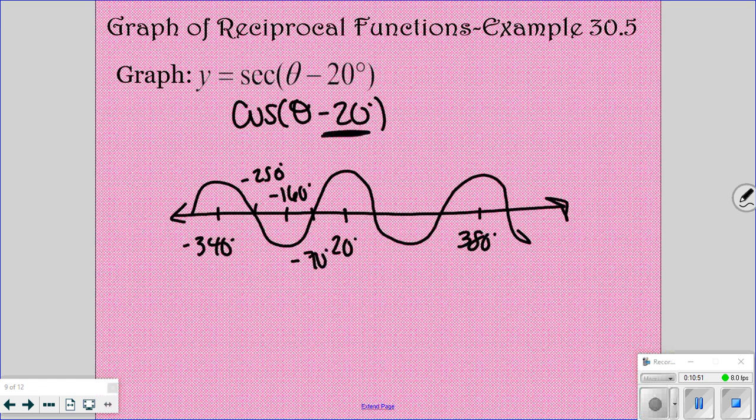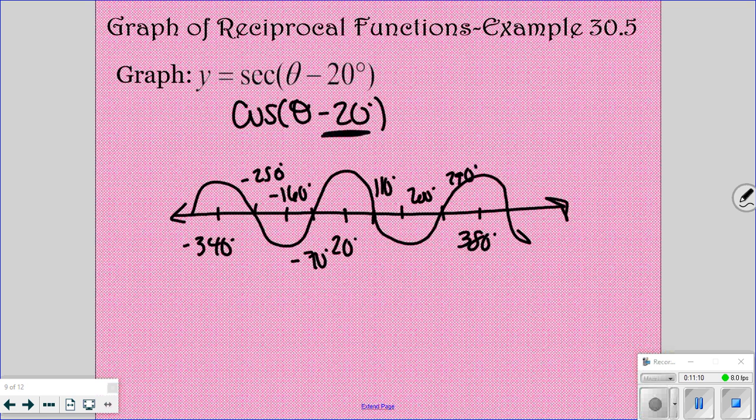Add 90, you'd be at 20. Add 90, you'd be at 110. And then you'd be at 200, then you'd be at 290. And then you'd get to the 380.